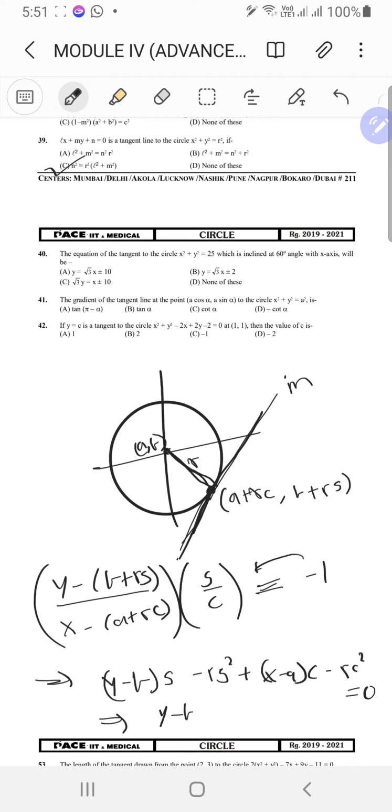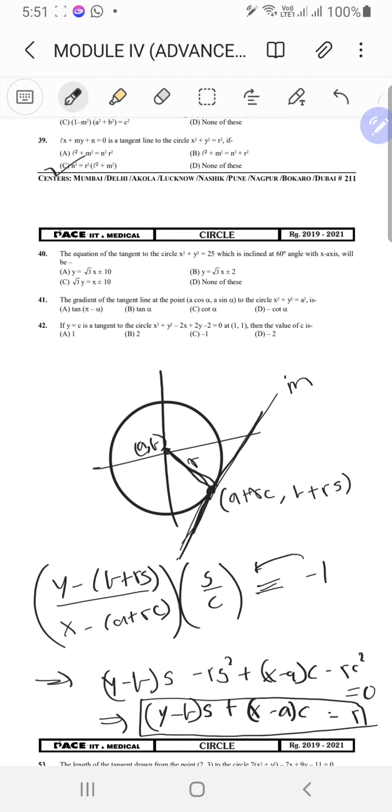So (y minus b) into s plus (x minus a) into c is equal to r. So that would be the general equation of a tangent, right?